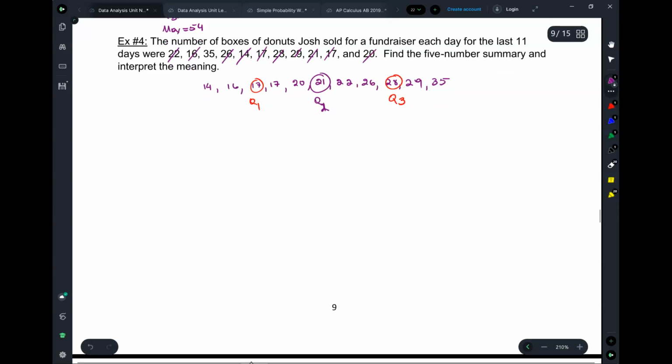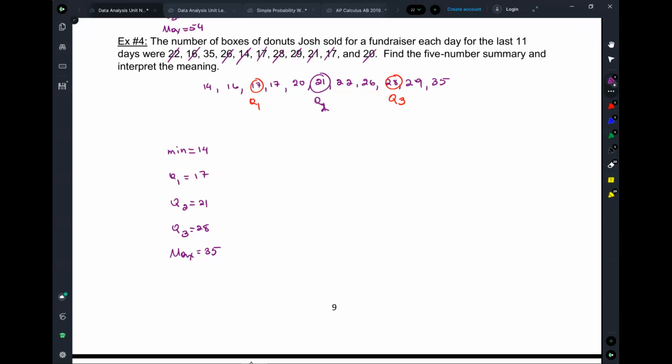So let's write down the summary. Min, 14. Q1, 17. Q2, 21. Q3, 28. Max, 35. And you have to structure it like that or label it like min, Q1, Q2, Q3, max. Okay?